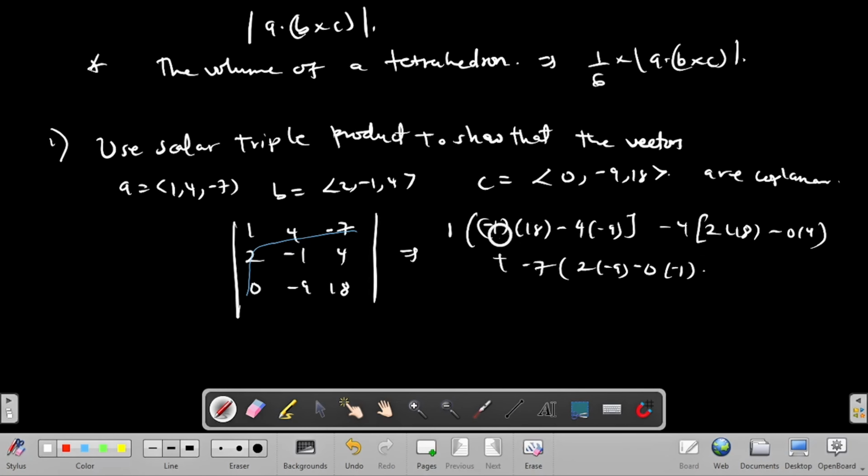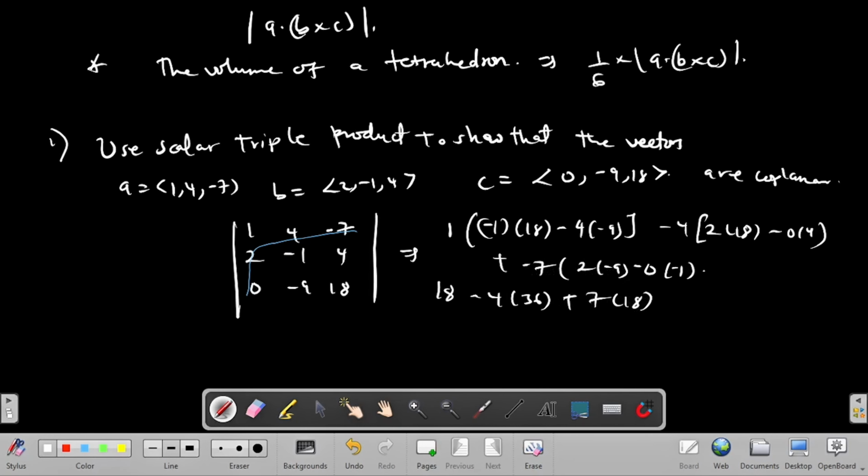So what do I get? This is -18, this one is plus 36, so -18 plus 36 will give us positive 18. Then I'll have minus 4 times 36. And the last one is -7 times -18, which is positive 7 times 18.